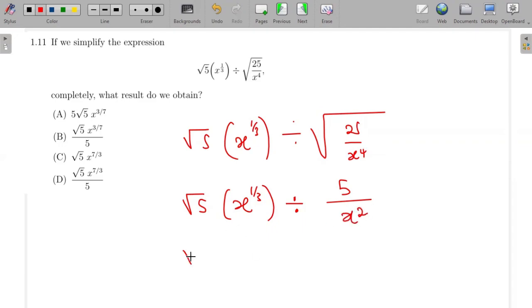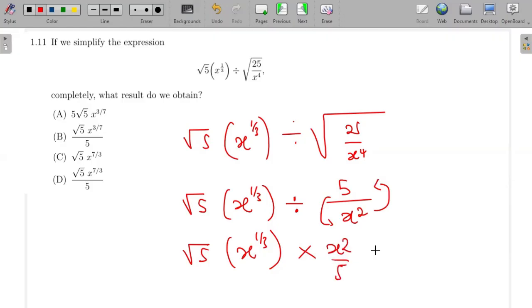Then from here we'll write root 5 x to the power 1 over 3, divided by. Now here we can write this as a multiplication sign. So this one goes up, this one comes down, right? So it will be x squared over 5.